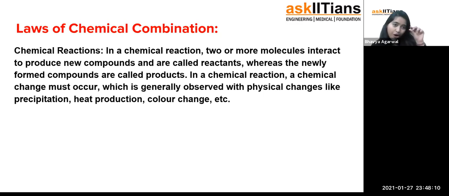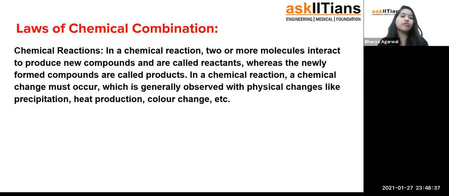You've seen a small seed ripening into a fruit and tree. Again, a chemical reaction. So there are a lot of chemical reactions occurring around you, right? Basically, what exactly is a chemical reaction? It is a way of denoting the interaction of 2 or more molecules.